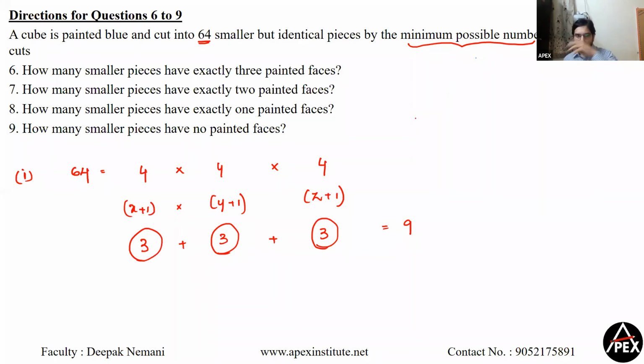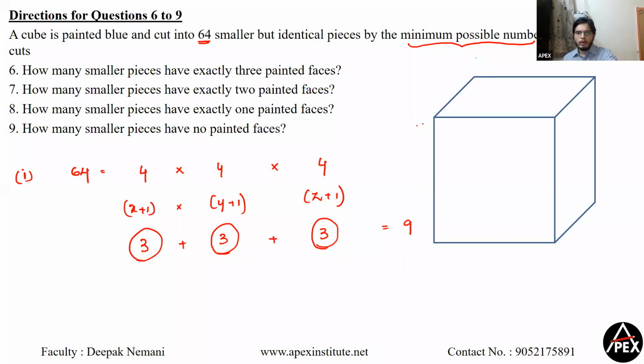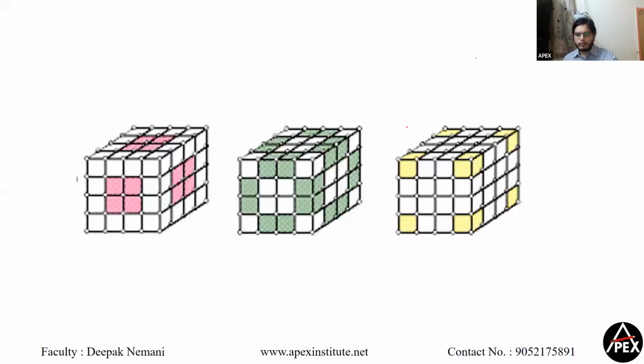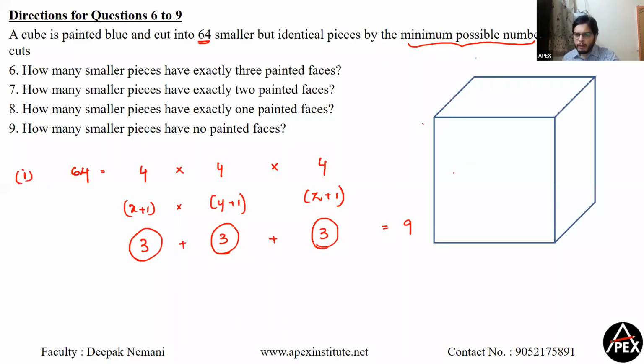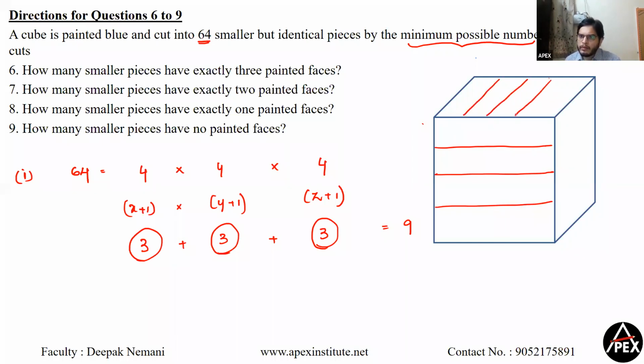So if we have a cube like this, we will be making 3 cuts in this direction, 3 cuts in this direction, and 3 cuts in this direction.